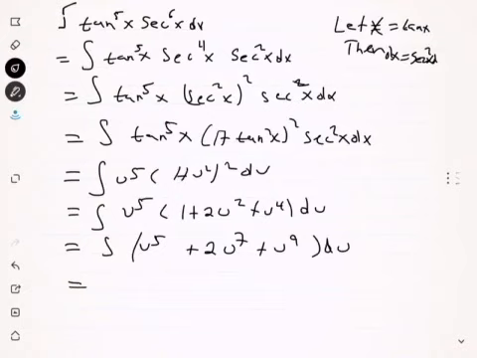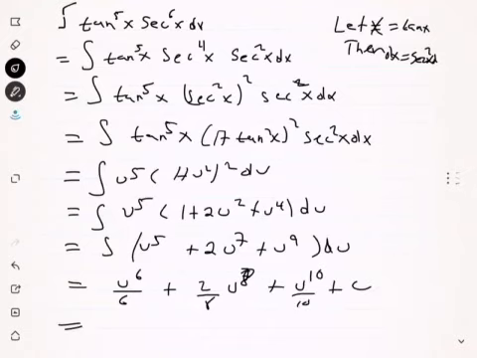And then you integrate that, so you get u to the sixth power divided by 6, plus 2u to the eighth power divided by 8, and then plus u to the 10th power divided by 10. And then you just put tangent for u.